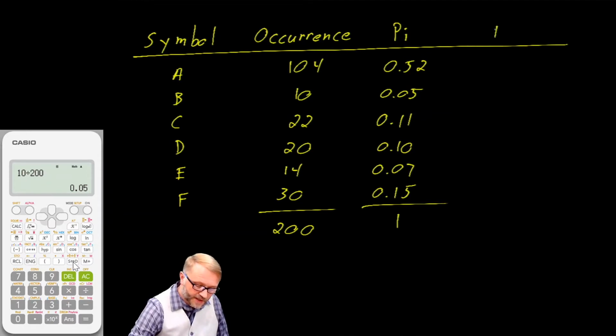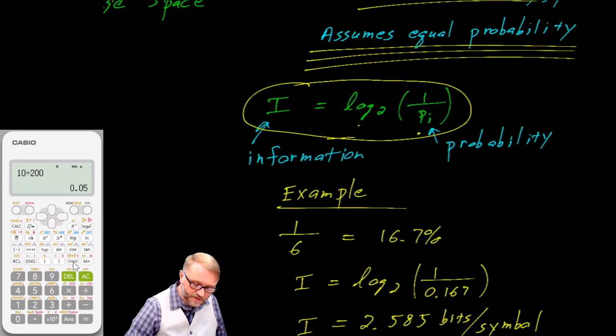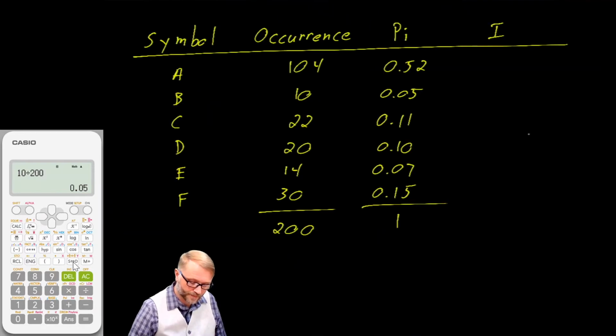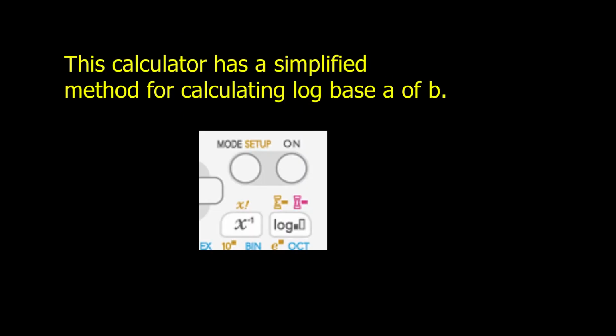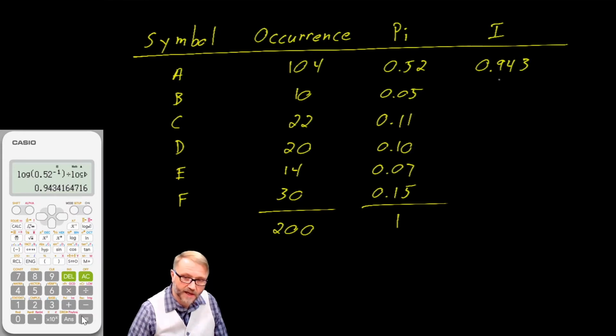We can now calculate the information per symbol, which we defined up here as log base 2 of 1 over the probability. So that's log of 0.52 inverted, divided by log base 2, which gives 0.943. So for the symbol A, on average, it's 0.943 questions or bits for that particular symbol.